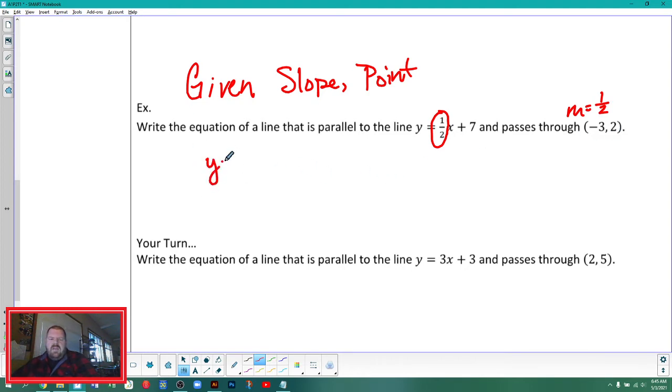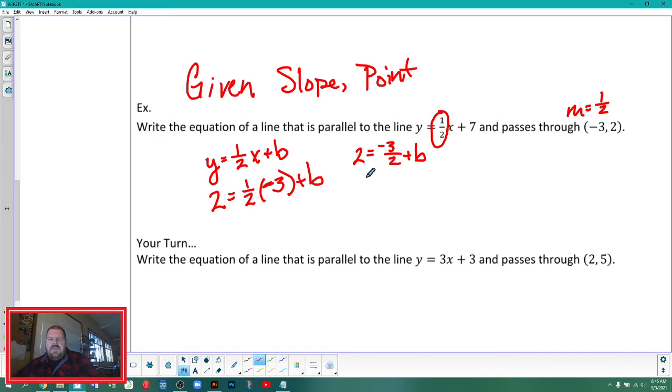So maybe we do that the slope-intercept way, what we talked about in 6.1. y = 1/2 x + b, and we've got a y of 2 and an x of -3. Of course it can't work out perfect for us. 2 = 1/2(-3) + b, so 2 = -3/2 + b.